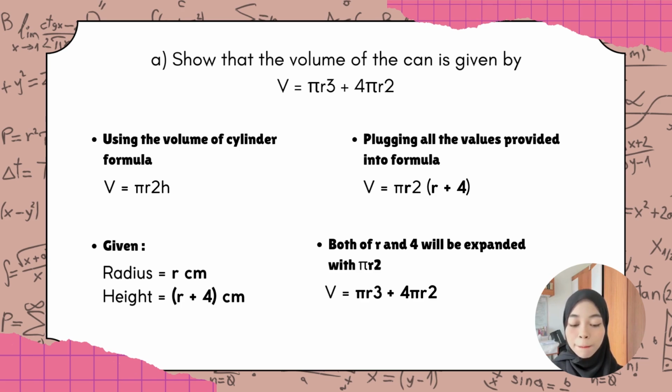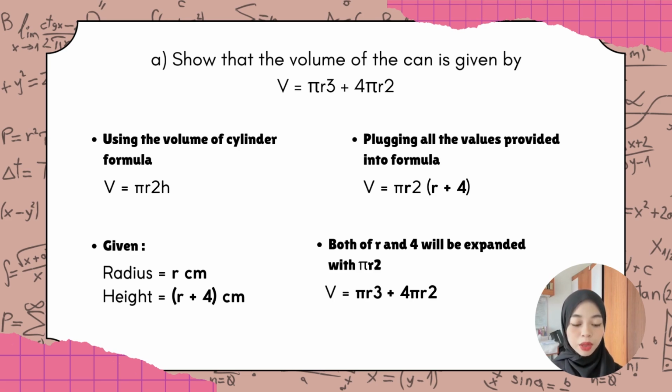First step, by using the volume of cylinder formula. The question is about a cylinder, so we're going to use the cylinder formula, which is V equal to pi r2h. From the question, the radius is r cm, h is r plus 4 cm. So the next step, we plug all the values provided into the formula.